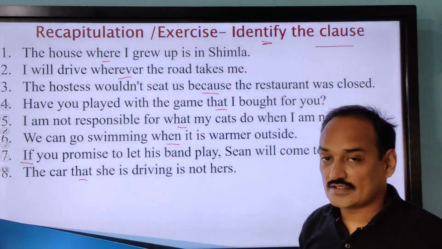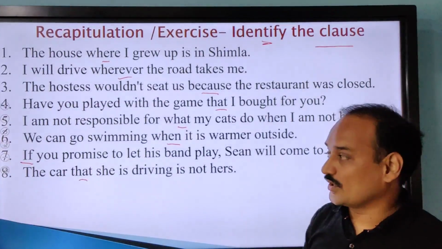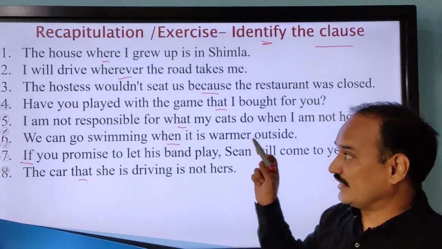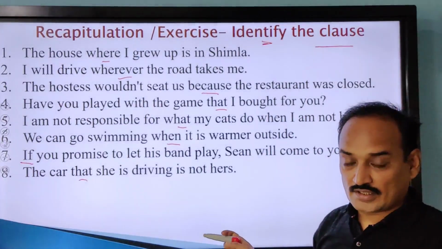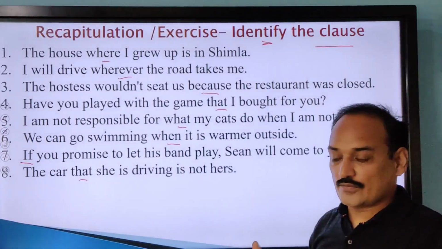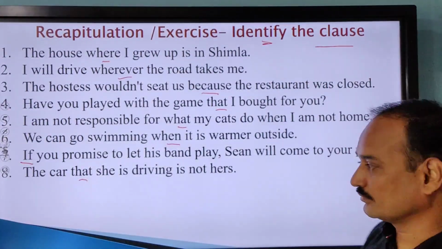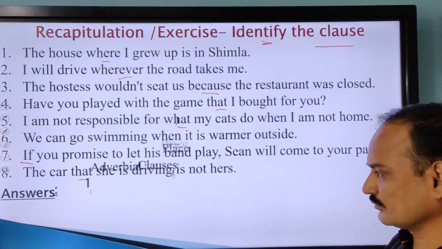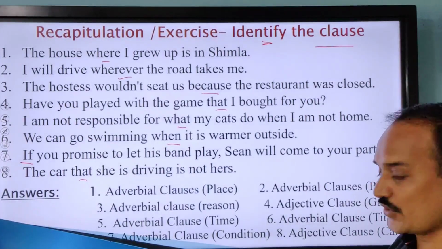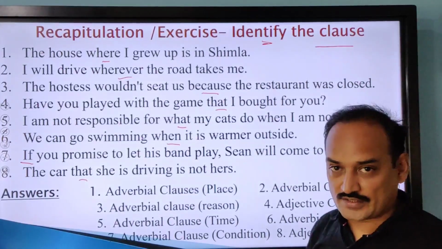What words I underlined, with that also you can understand what type of dependent clause is used in these sentences. Okay, if you have done it, your answers are waiting for you. Come on. These are the answers. You can check them with your own answers.